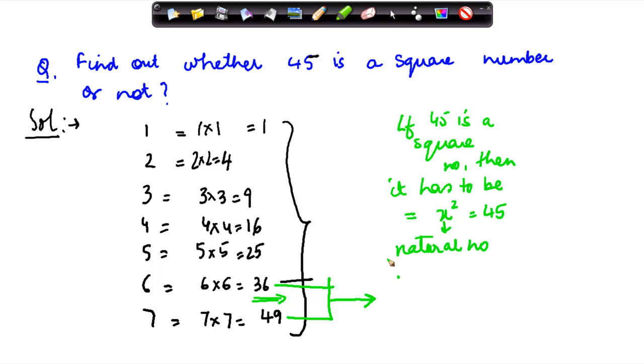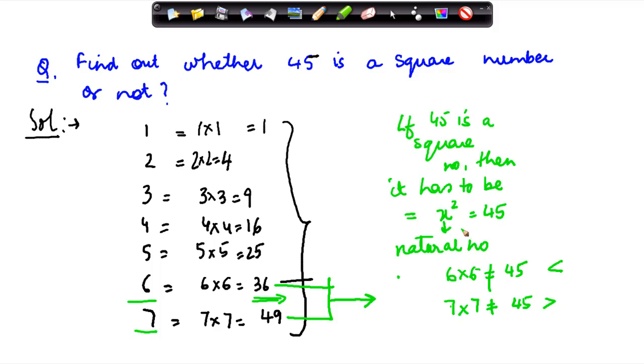Now we know that 45 is not equal to 6 square. 6 into 6 is not equal to 45. Similarly, 7 into 7 is also not equal to 45. It is greater than 45, and this is less than 45.